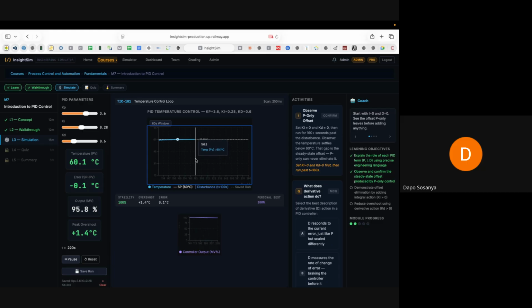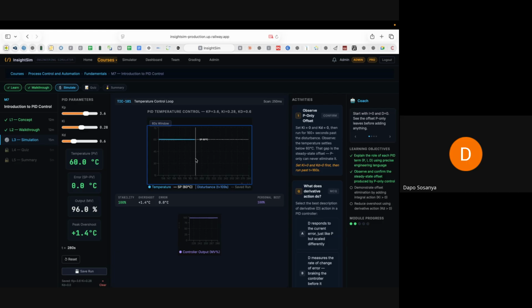So the rate of change, that is what the derivative parameter introduces, right? The parameter brings your process to set point faster.